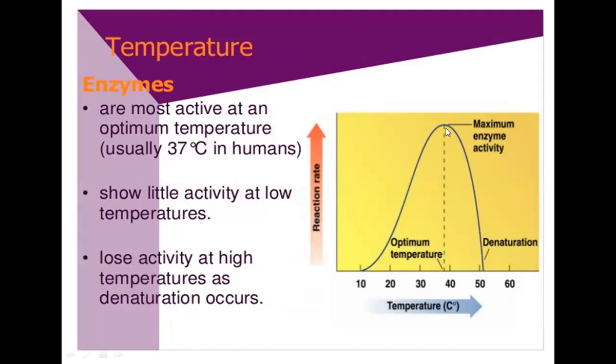Human physiological or metabolic reactions generally occur at 37 degrees centigrade. Enzymatic activity will be lost when the temperature increases, that means denaturation. When the temperature is higher, the enzymatic activity will be lost. That means the denaturation process.